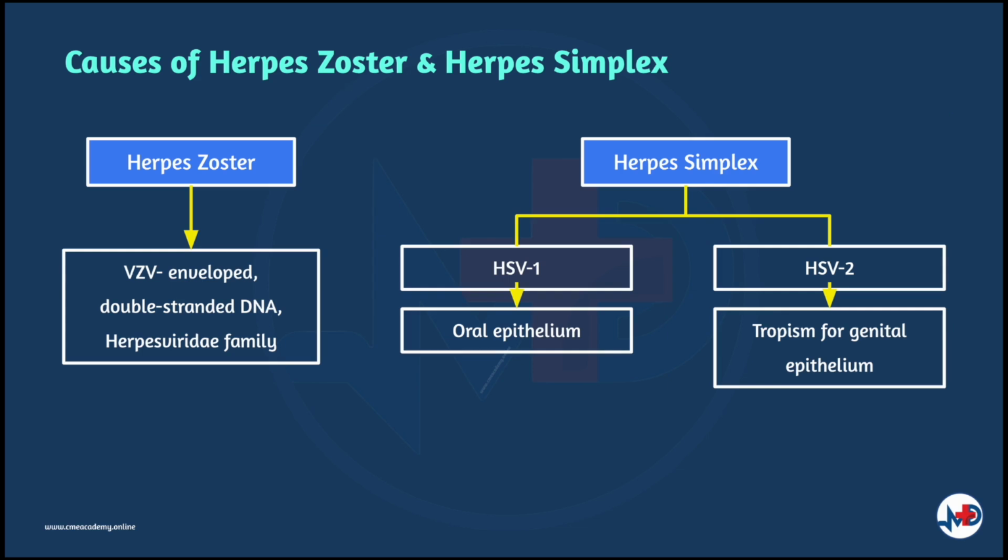The etiological agent of herpes zoster infection is an enveloped virus that has double-stranded DNA belonging to the herpes virus family, which is the varicella zoster virus. Meanwhile, the causative agents of herpes simplex infection are herpes simplex 1 and herpes simplex 2 viruses, usually acting on the oral epithelium and genital epithelium respectively.